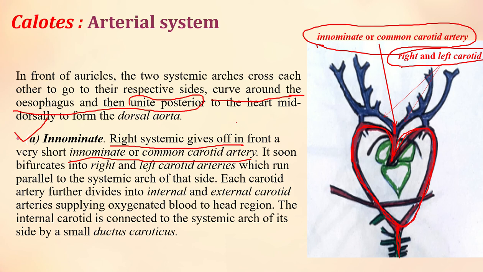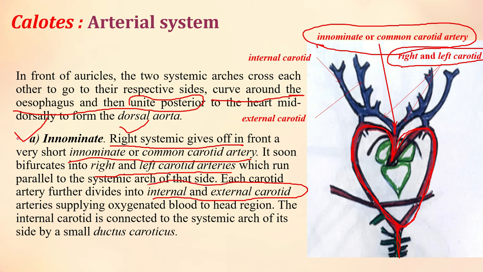The innominate or common carotid artery, which arises from the right systemic arch and goes towards the anterior side, is then divided into right and left branches, called the right and left carotid arteries, which run parallel to the systemic arch of that side. Again, these right and left carotid arteries are further divided into internal and external carotids.